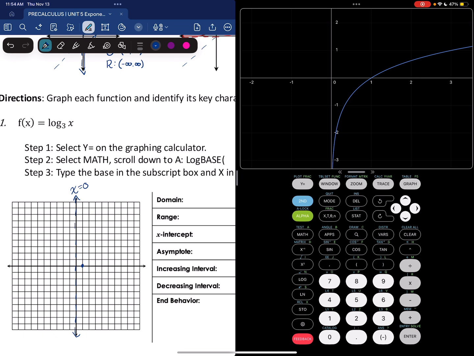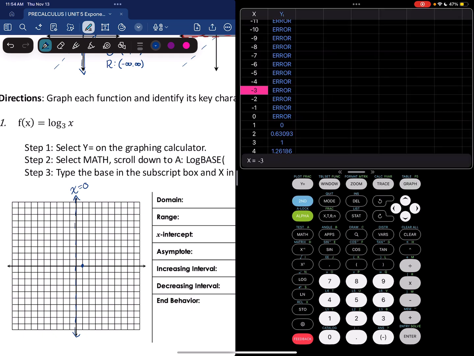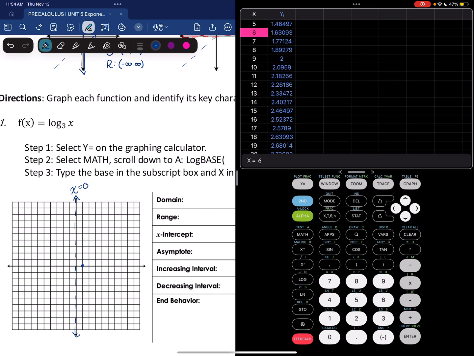And then if we go to the table, we'll be able to get some more nice, pretty points. So error in all those negative regions. Okay, at 9, I have 2. And that makes sense if you think about the inverse of that: 3 to the second power is 9.